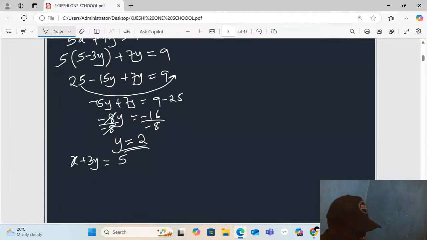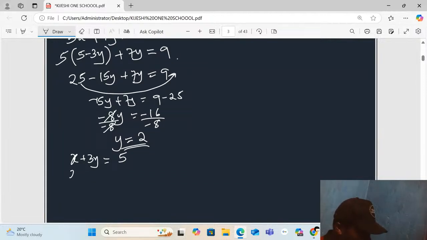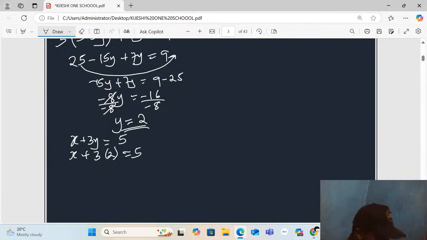Where we have y, substitute with 2. So we have x plus 3 into 2, which is equal to 5. Now x plus 6 equals 5.